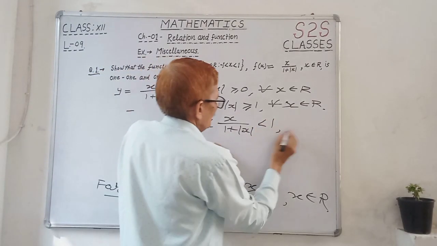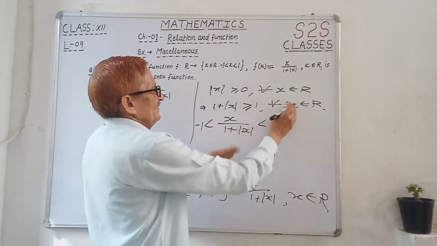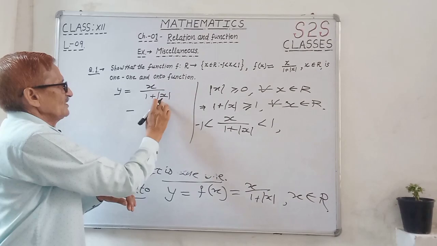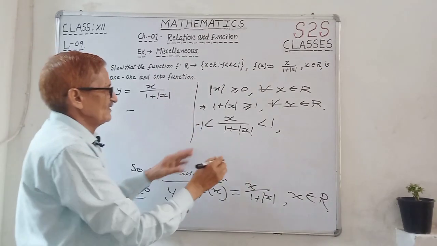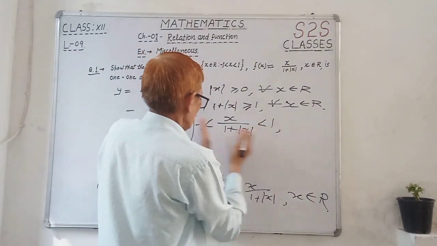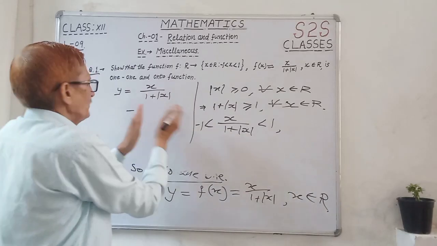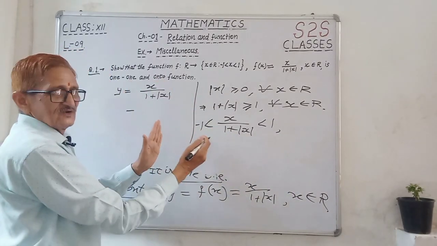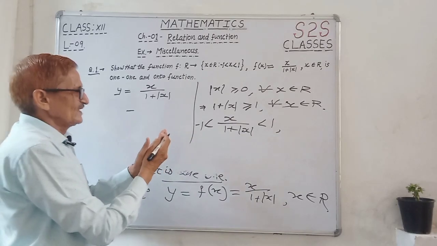If x is 0, then 0 upon 1 plus 0 is 0, so y will be 0. 0 is in between. If x is negative, y will come between 0 and minus 1.